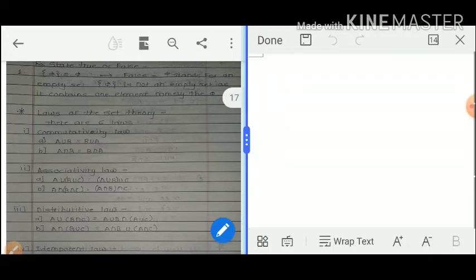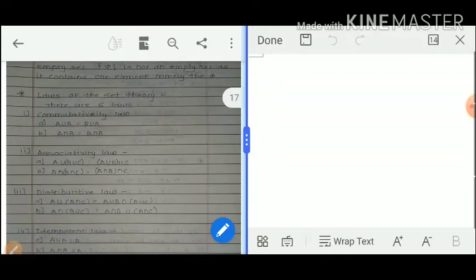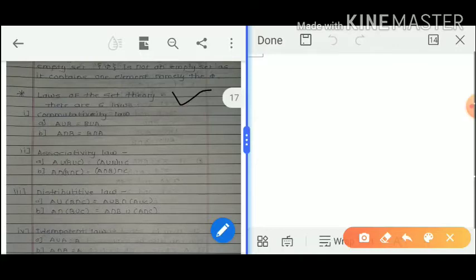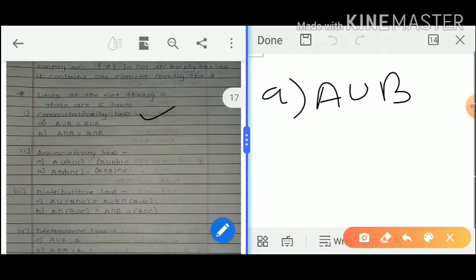Okay, next is laws of set theory. There are some laws which are used in discrete mathematics. There are 6 laws. First law is commutative law. Commutative law means suppose A union B. By using commutative law, you can write B union A. Both are equal.